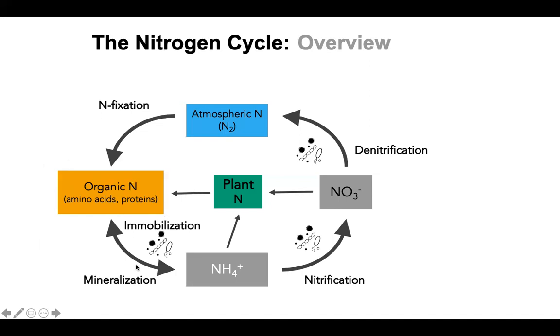Now here is, as I just discussed, that mineralization and immobilization is a microbial process, and it's constantly going back and forth. But that mineralization process converts the organic nitrogen into ammonium, or NH4+. Now, NH4+ is a plant available nutrient. Plants can take that up, and this is in fact energetically preferred.